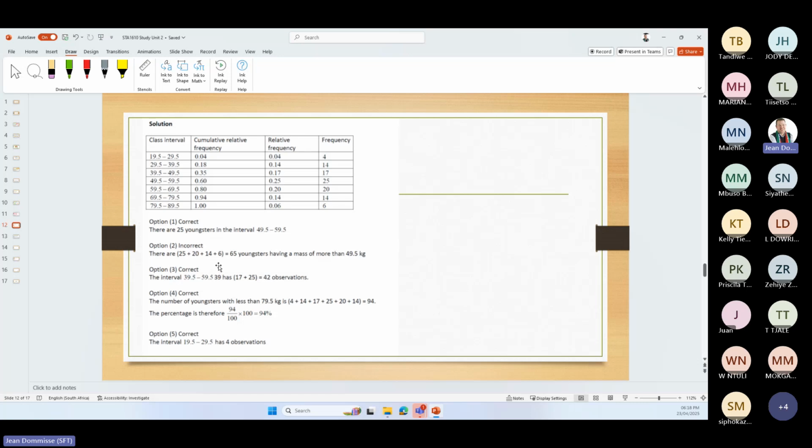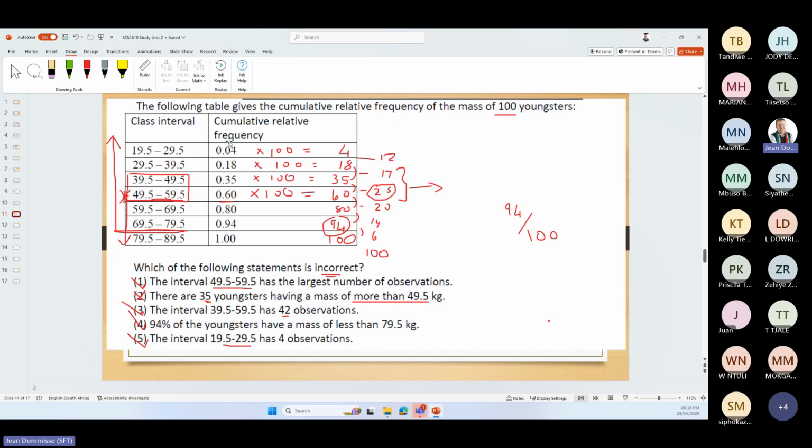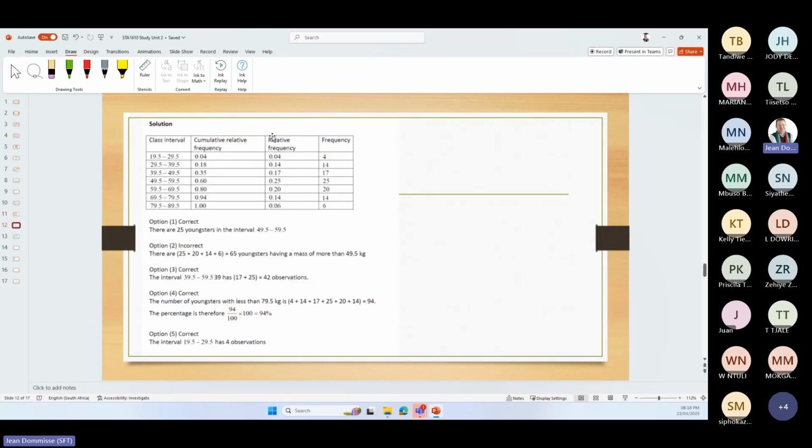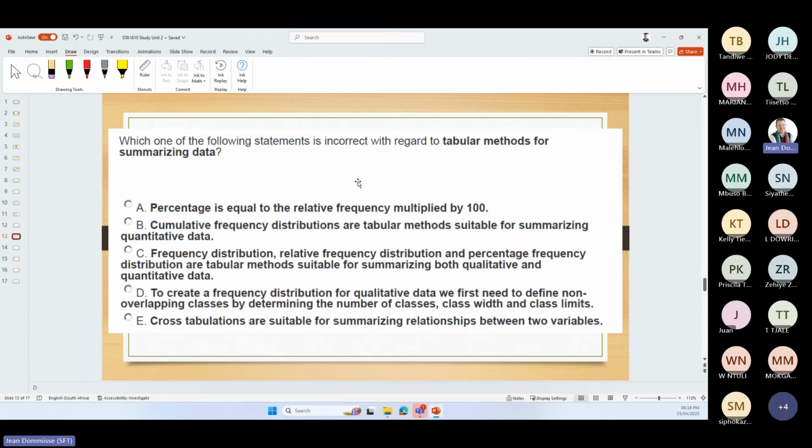So when I share tonight, I will share the solution with you so that you can see from just using that small info, we added a bit more. So we added frequency and then we added relative frequency to make it simpler to get to the answers.